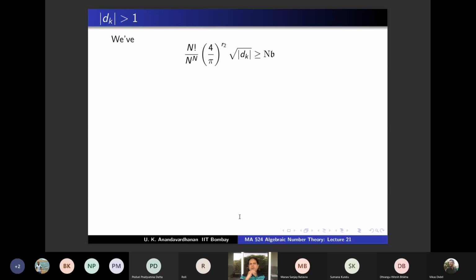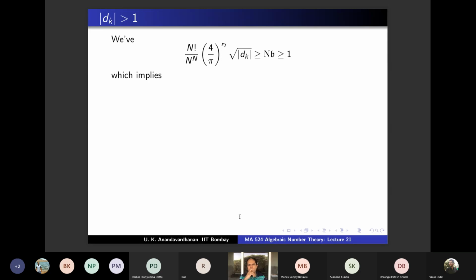And a corollary is that the absolute value of the discriminant is strictly bigger than 1 if K is not equal to Q. This is also easy because you have this bound for B, and this is bigger than or equal to 1. Why is the norm of B bigger than or equal to 1?